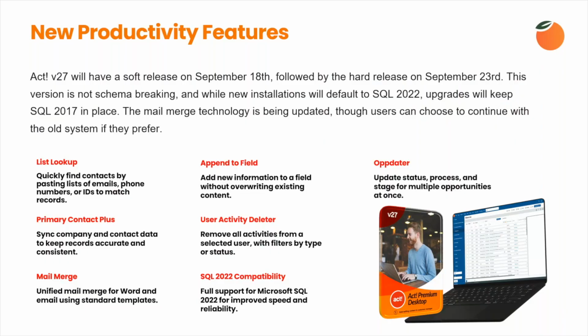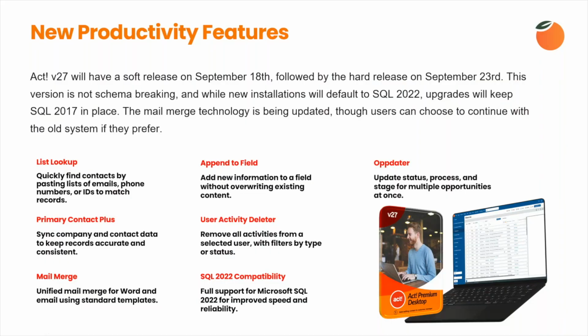The default installation of SQL with this version will be SQL 2022, but upgrades of 2017, that was my typo, which my marketing guy was tripped up by, 2019 will be left in place.